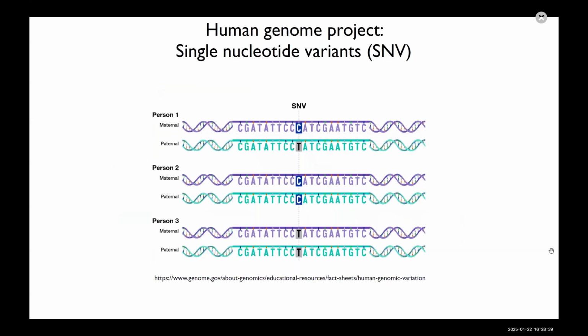It turns out that our individual human genomes are far more similar to each other than they are different. It is frequently stated that any two people's genomes are more than 99% identical. The differences in individual genomes are called genetic variants.